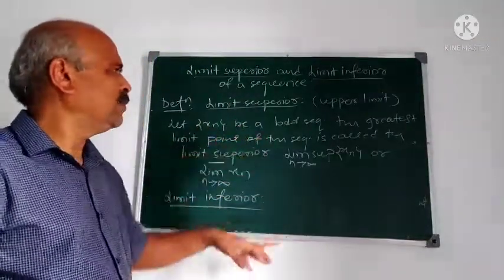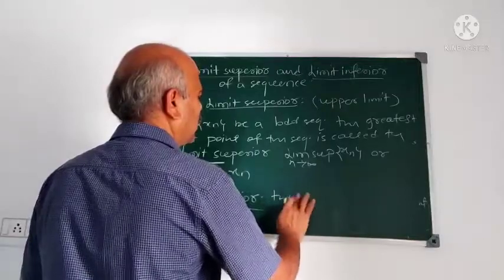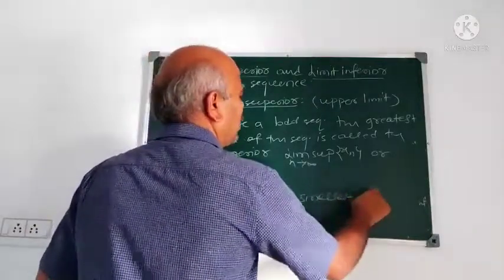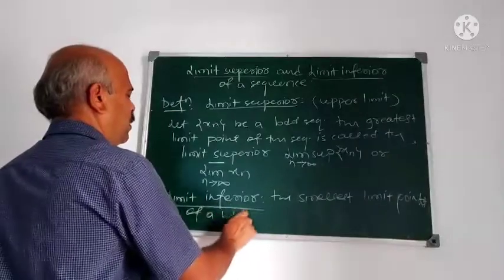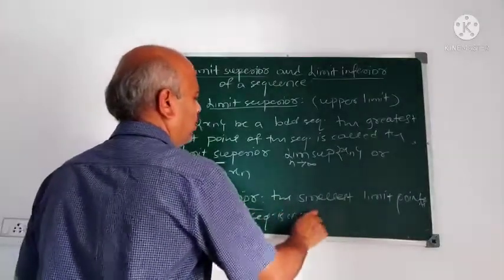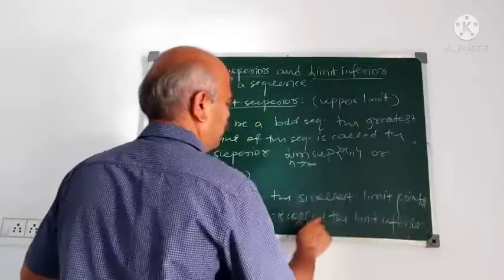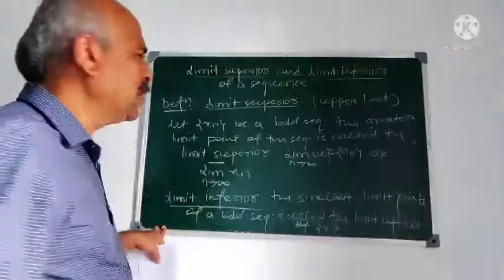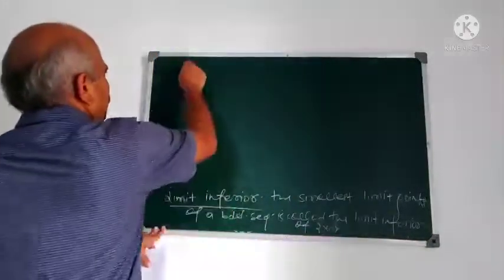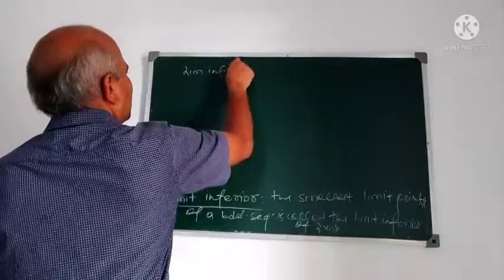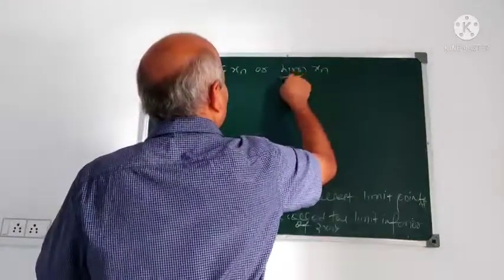Limit superior is nothing but the greatest limit point, and limit inferior is similarly defined. Let Xn be a bounded sequence. The least, the smallest limit point of a bounded sequence is called the limit inferior of Xn, and it is denoted by limit inferior Xn, n tends to infinity.